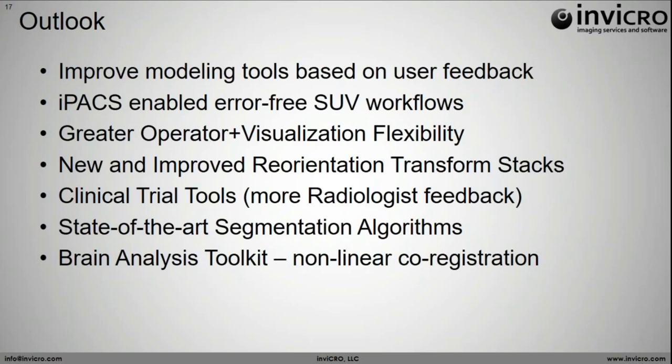And really, in collaboration with our team in New Haven, MNI, to improve clinical trial workflows with VivoQuant and IPACS together. We have some great vision for new segmentation algorithms, particularly for human brain tasks, and quite a few registration improvements that we want to make using some of the state-of-the-art tools that have come out in recent years.